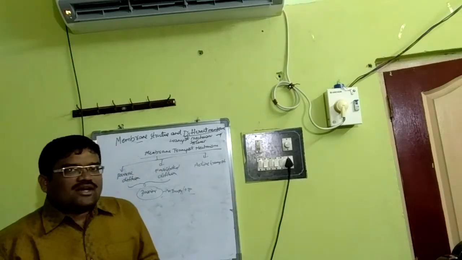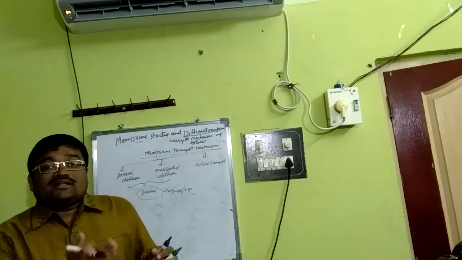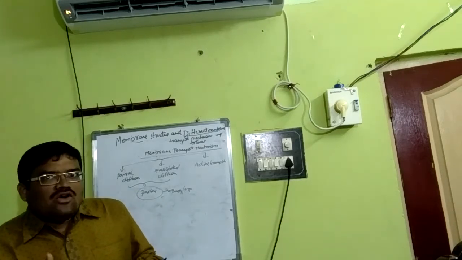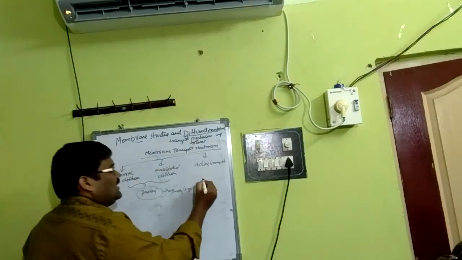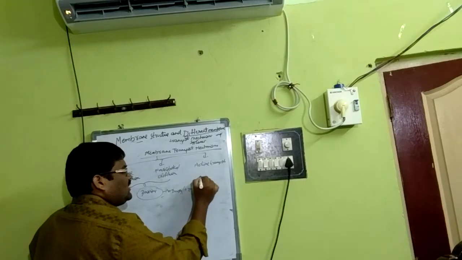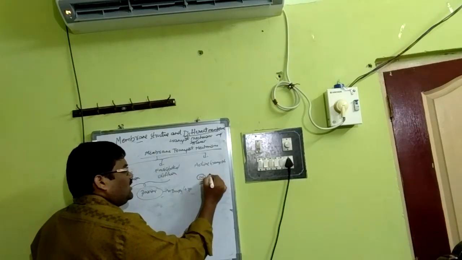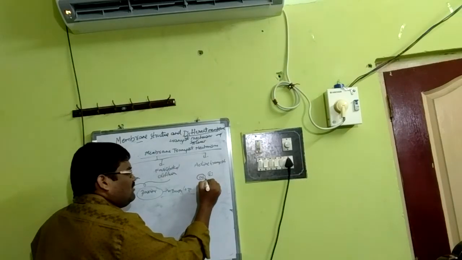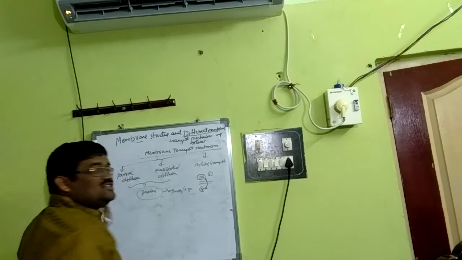Passive transport. Here we have to understand what exactly diffusion is. Diffusion is movement along the concentration gradient. For example, say there is a membrane. There are 10 units of one component on one side, and here there are 4 units. This component will move from this high concentration to low concentration. This is diffusion.